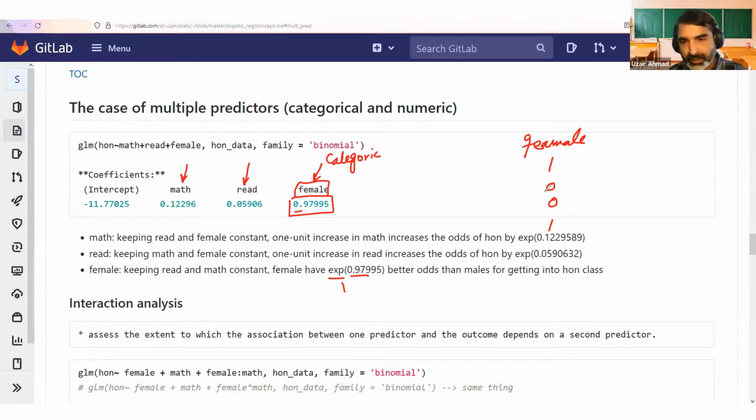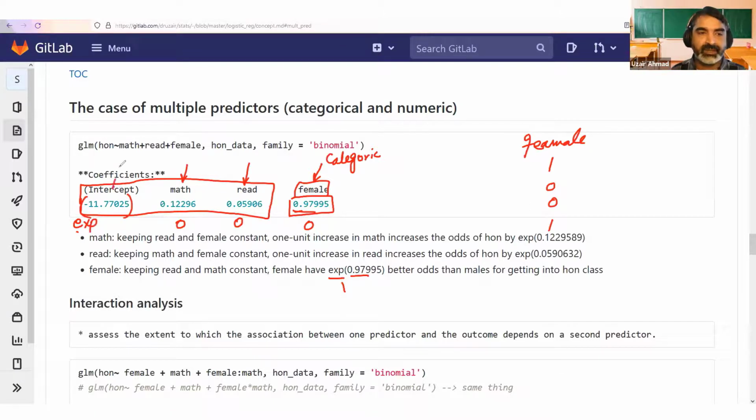When the value is 0 for this column, we multiply that with 0.97. So the remaining value comes out of the other variables. When female is 0, we are looking at the log of odds for male students. In case read is also 0, math is also 0, and female is also 0, the odds for a male student being in the honors class will be the exponentiation of this value.